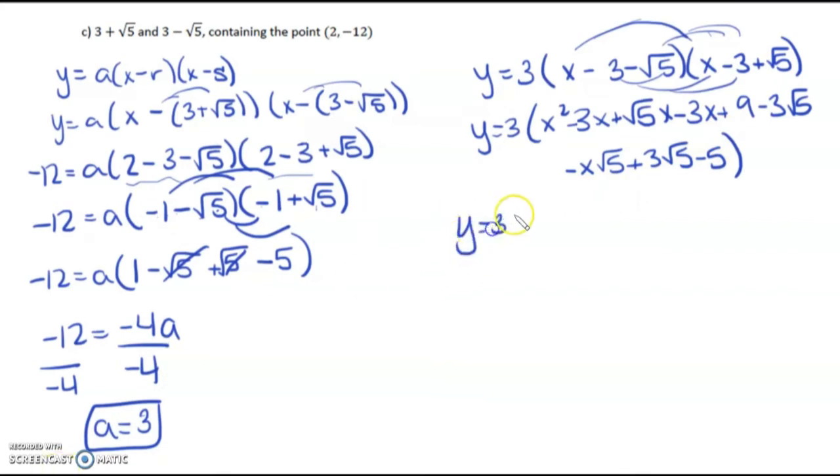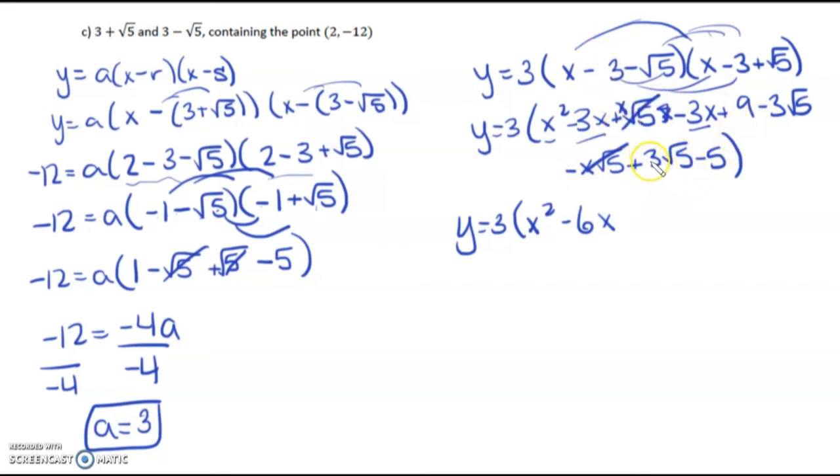So let's keep the 3 outside for a second. Let's add like terms. So we get x squared. Okay, I get negative 3, negative 3, so negative 6x. Because this negative x root 5 and then plus this would be like x root 5, those cancel out.